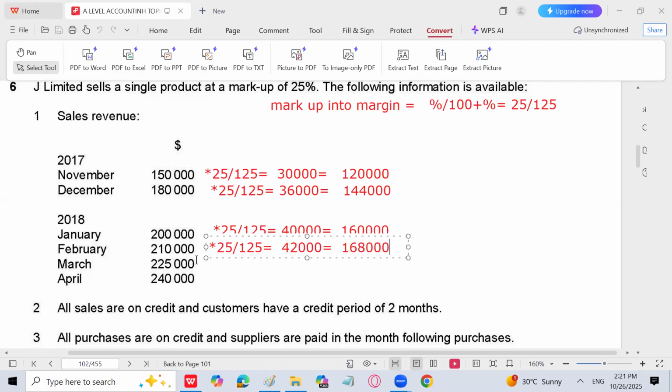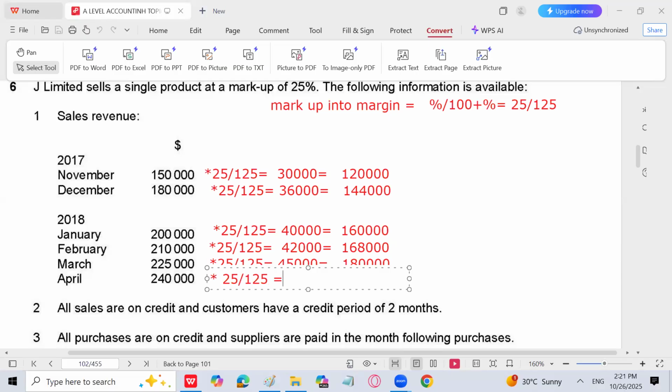Now 2,25,000 for March into 25 divided by 125. We will get 45,000. That is the profit included in 2,25,000. I will subtract it, so the cost of sales is 1,80,000. Now for April, again 2,40,000 into 25 divided by 125.